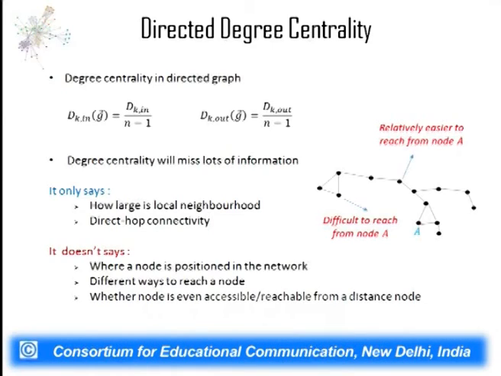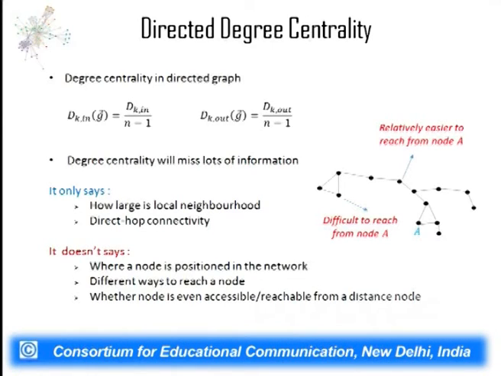Now this was all about the undirected graph. What happens when we take a directed graph as an instance? In the directed case there are inflows and outflows: the arrows coming towards a particular node, or the arrows moving out of a particular node. So here the degree centrality would be a little different.